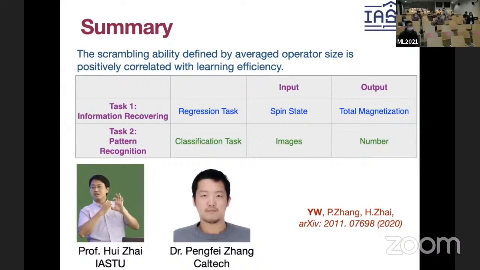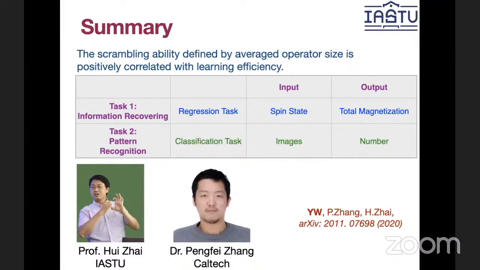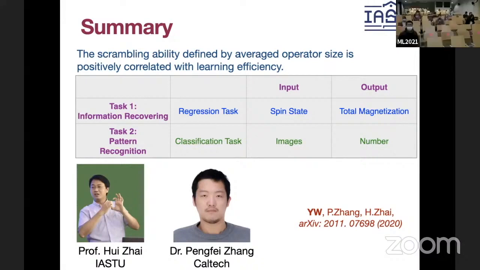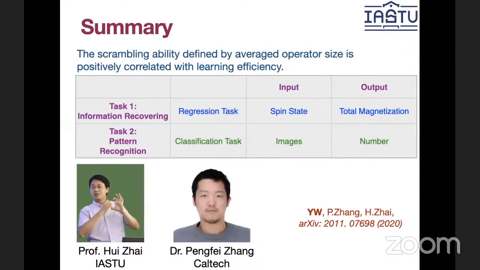Thanks for the talk, first of all. You compare different circuit architectures and calculate this average operator size growth. Do you have any intuition on why certain circuits perform better? So you mean why we propose the positive correlation between the learning efficiency and the information scrambling ability?